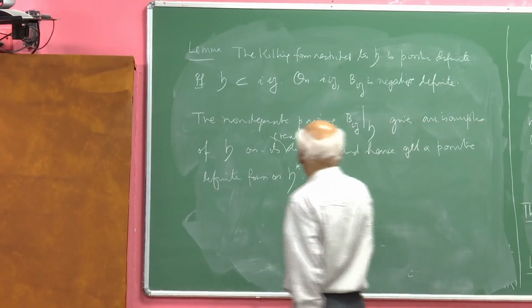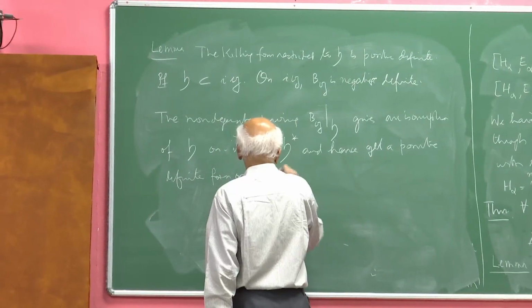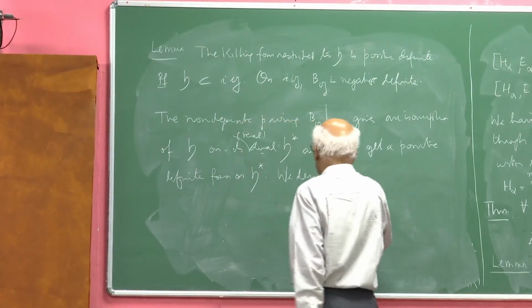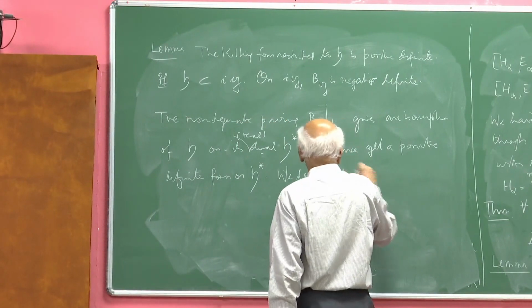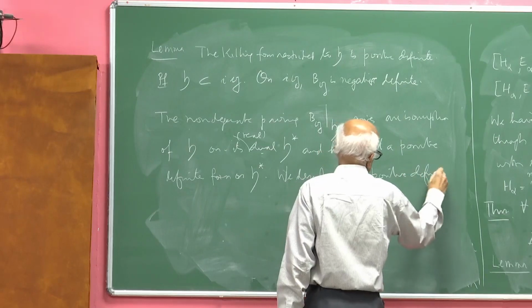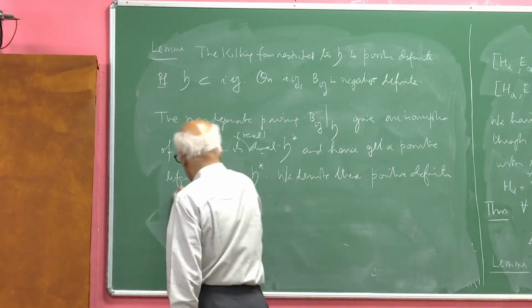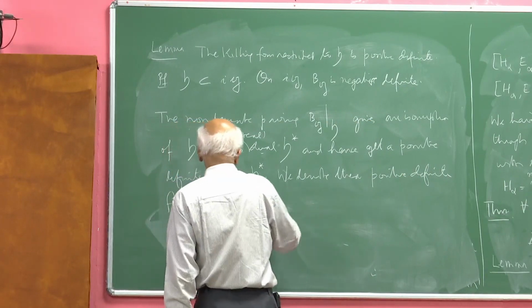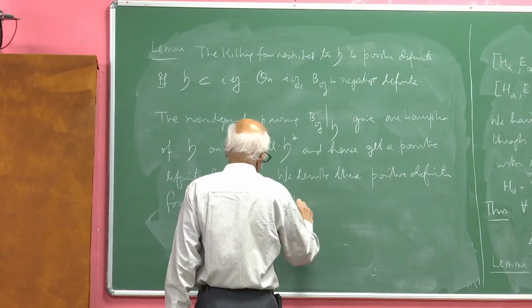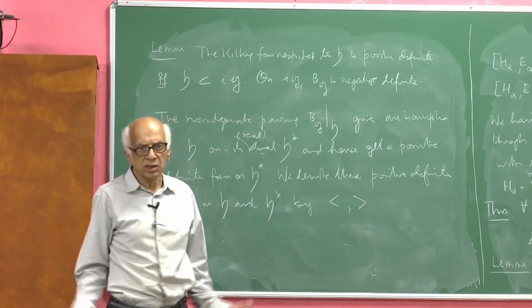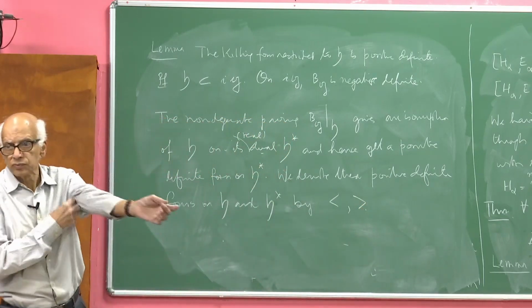We will denote these positive definite forms on H and H star by this. This is an inner product, so I will denote it like that.